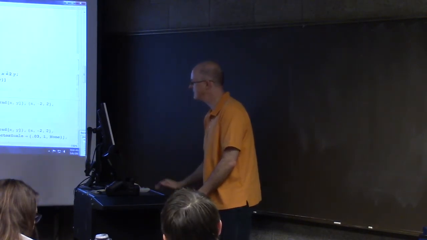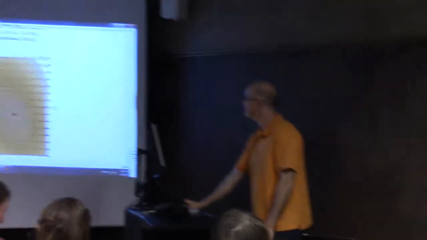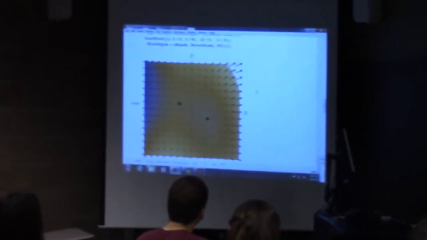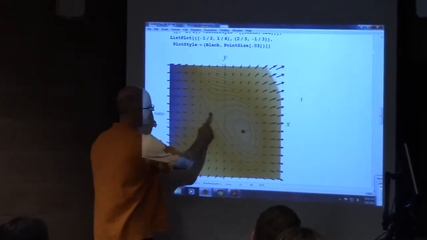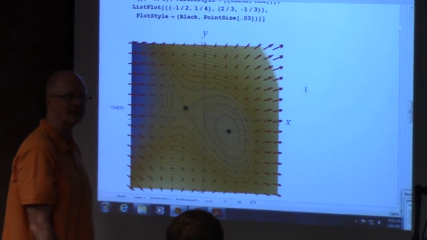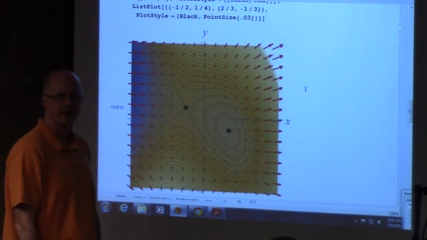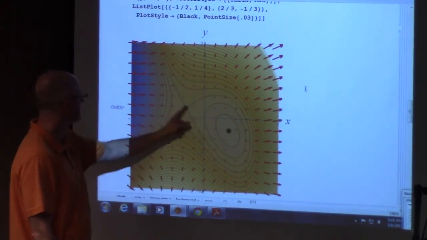Let's go ahead and see what the vector plot looks like. Those are scaled down gradient vectors there. I also added in 2 equilibrium points by setting those right-hand sides equal to 0 and solving for x and y. It's not too hard for that example. It's definitely doable. There's 2 of them.